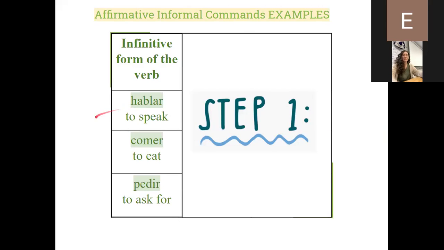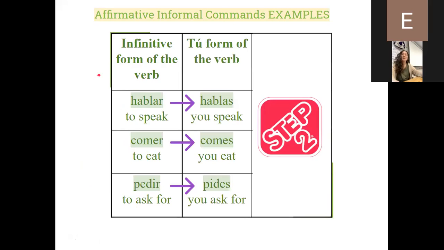I've got hablar, comer, and pedir. So step one, I've got them in the infinitive. Now I'm going to put them in the tú form for the present tense. So we have hablas, comes, and pides. So that is you speak, you eat, and you ask for.